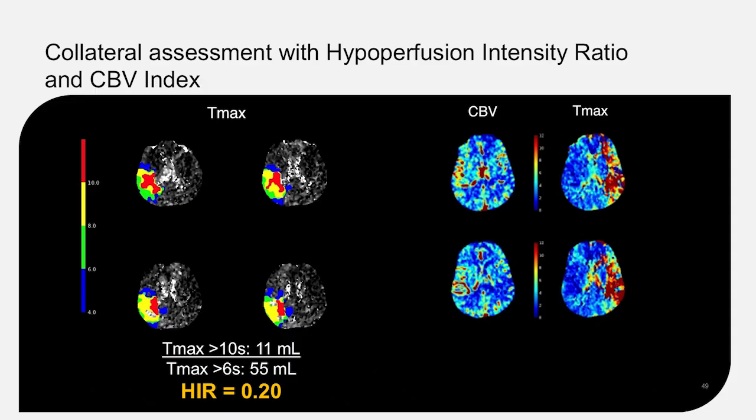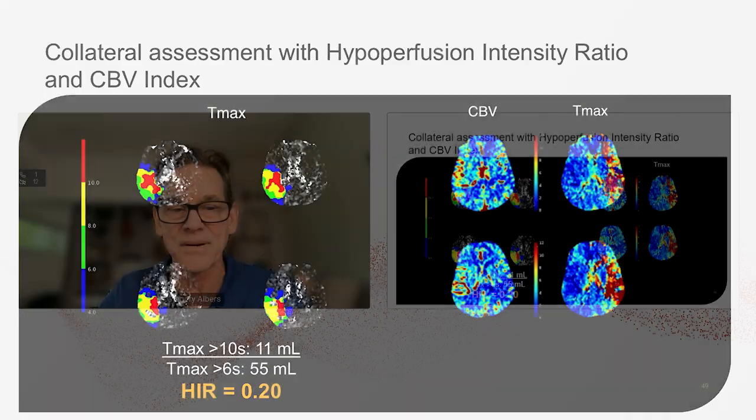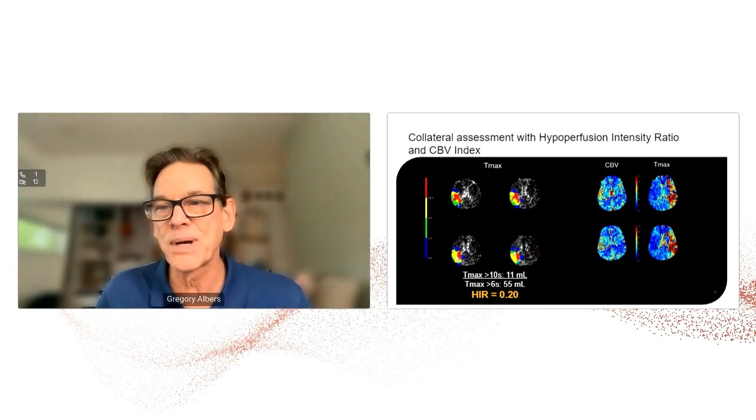In other words, the volume that you saw on the mismatch map is being critically hypoperfused beyond 6 seconds. So this is going to give you the percentage of the perfusion deficit that is really bad collaterals. So if you have a low HIR like this, it means only 20% of the perfusion deficit had very bad collaterals. If that HIR was 0.9, it would mean 90% of the perfusion deficit had bad collaterals.